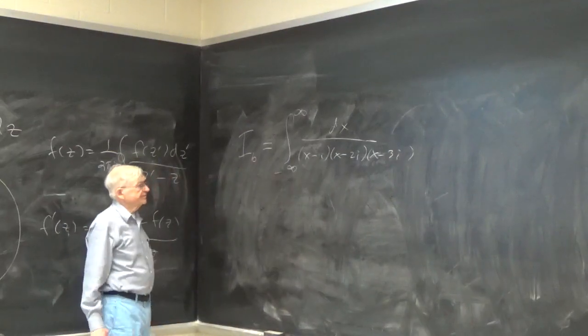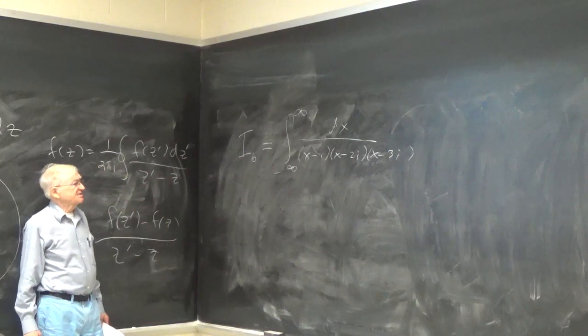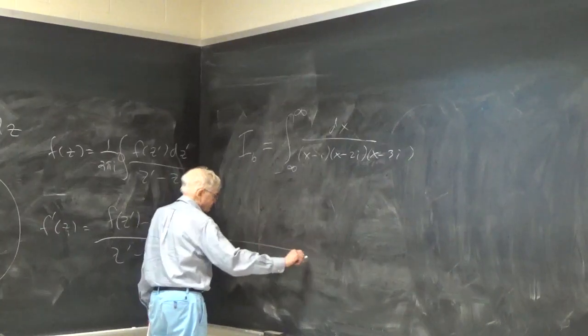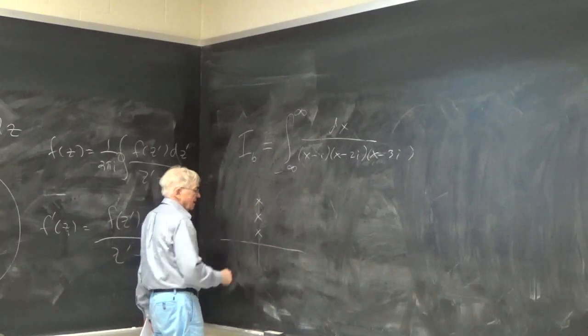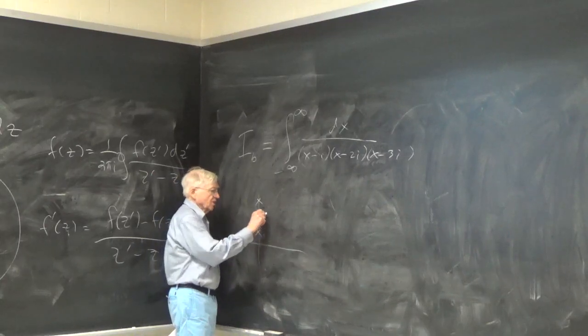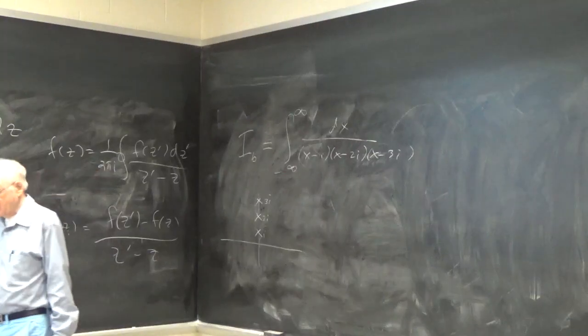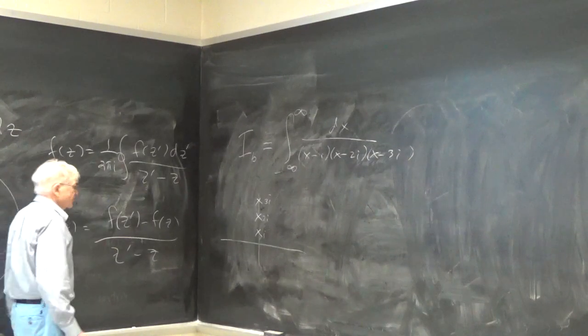So what we have there, if we replace x by z, is we see we're dealing with an analytic function that has three poles in the complex plane, one at i, one at 2i, and one at 3i. And the question is, well, how should we do this integral?